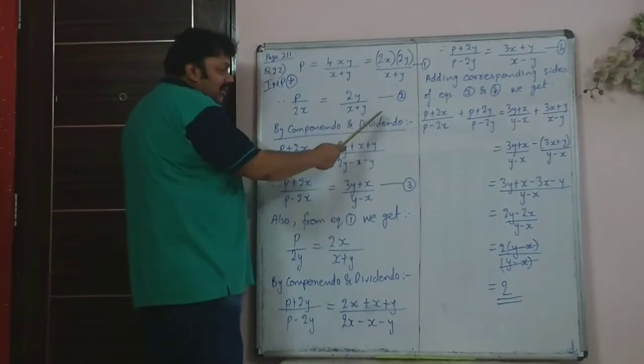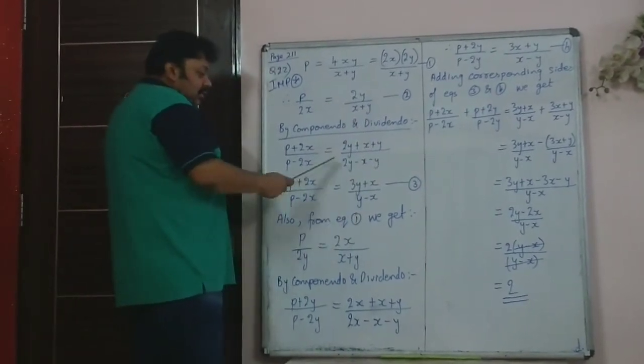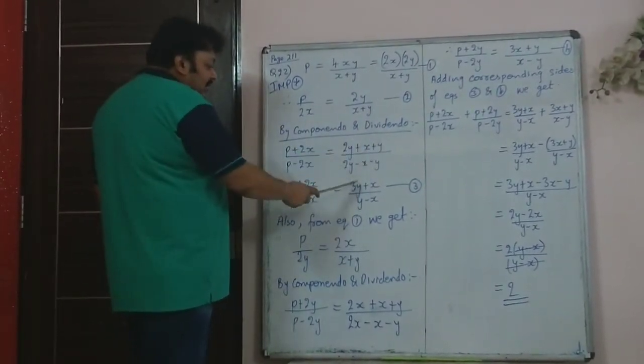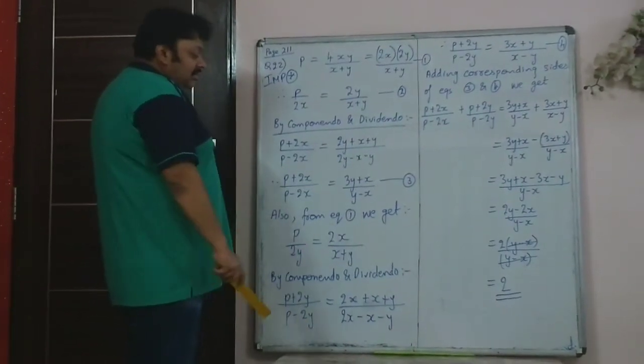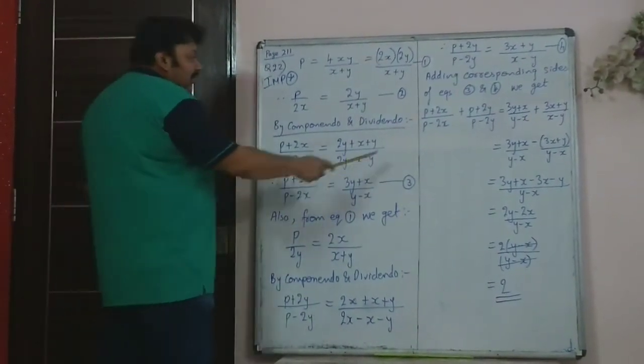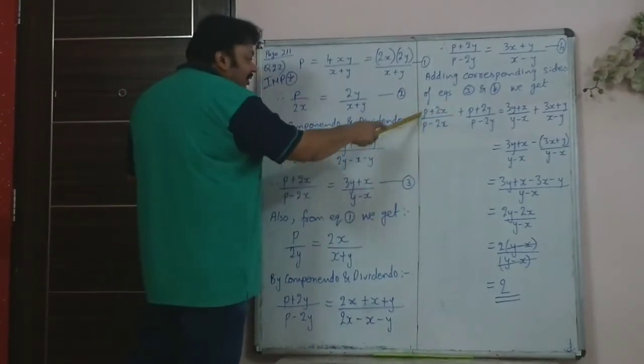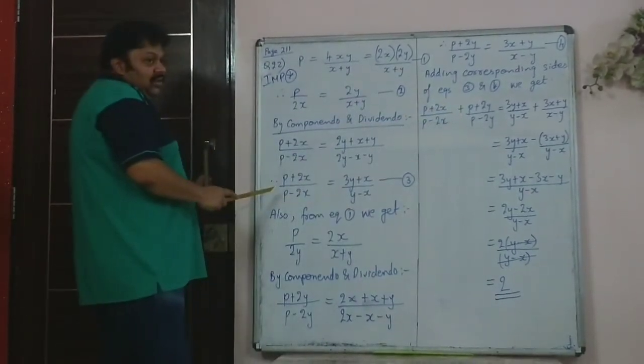So it becomes minus x minus y. So therefore this becomes 3y plus x, and denominator becomes y minus x. So this is one of the parts of the answer which you require.